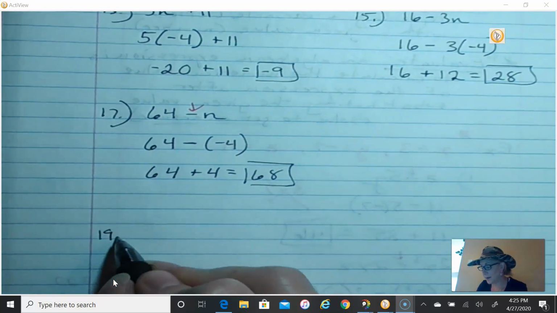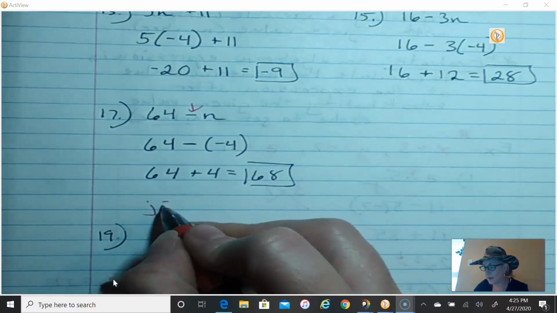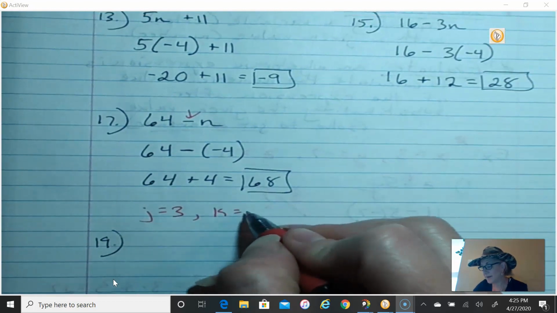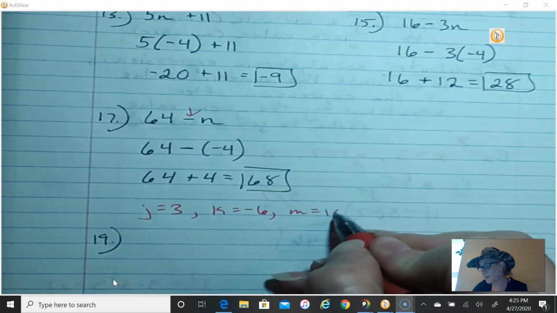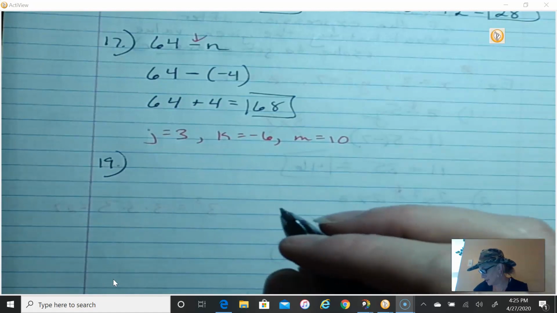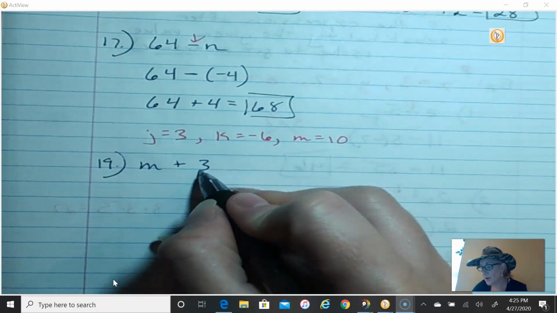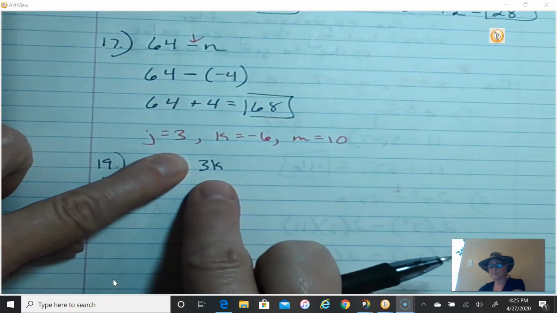Look at 19. Okay, this time they're saying j equals 3, k equals negative 6, m equals 10. Okay, so 19 is m plus 3k. All right, that's multiplication, right?